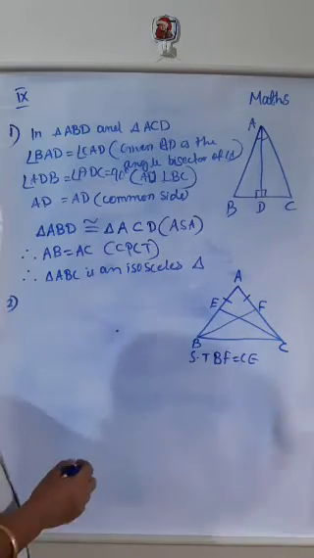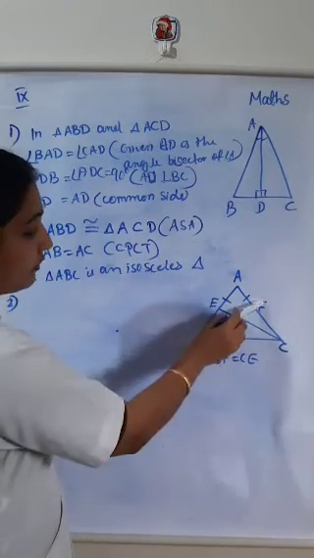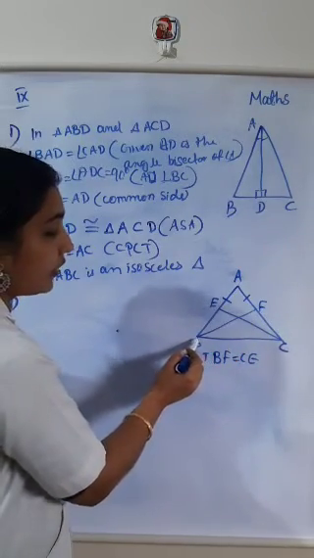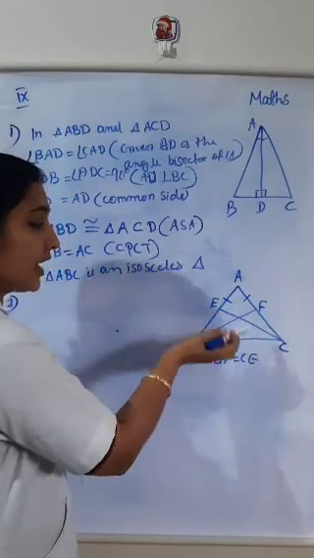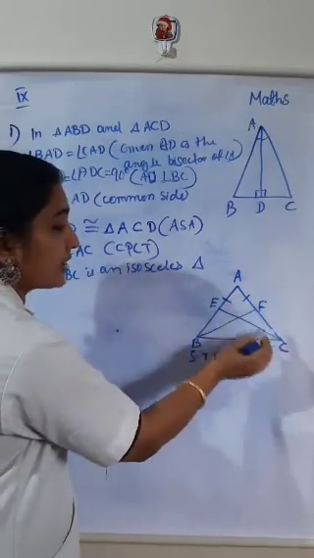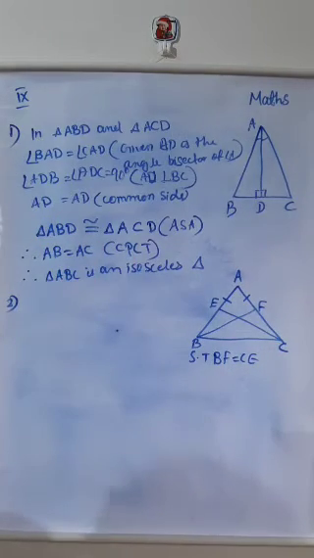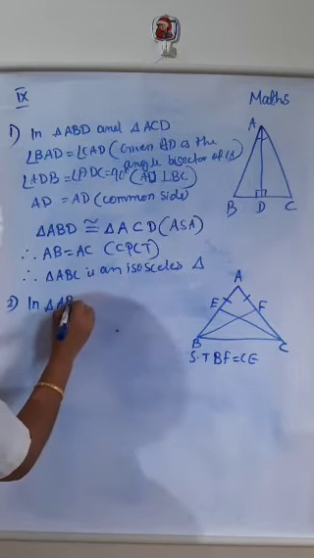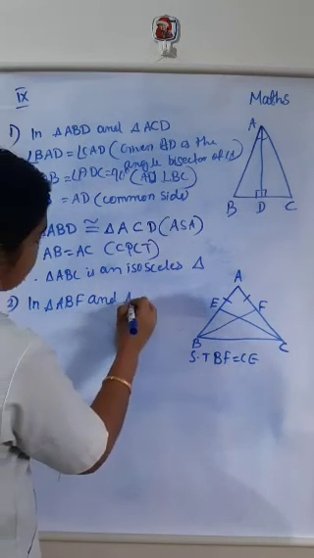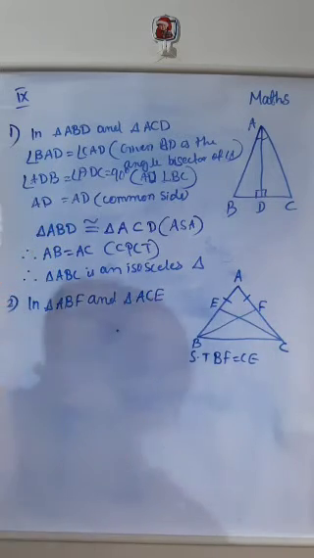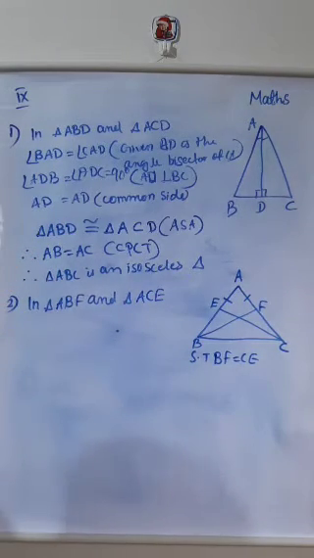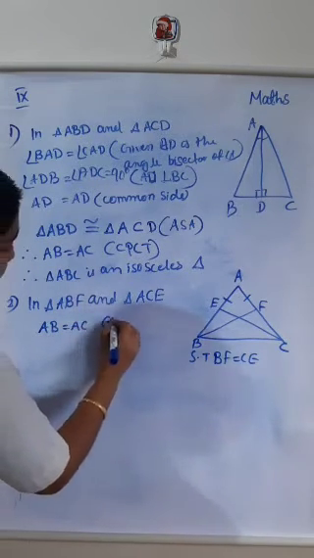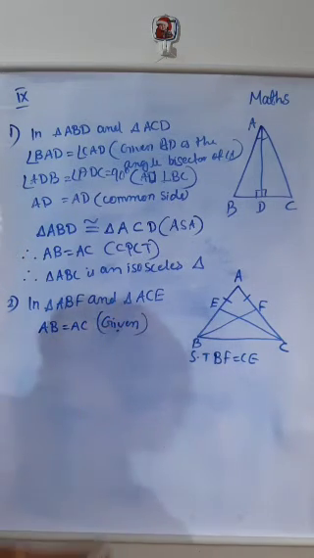So consider the triangles ABF and ACE. In triangle ABF and triangle ACE, given that AB is equal to AC.